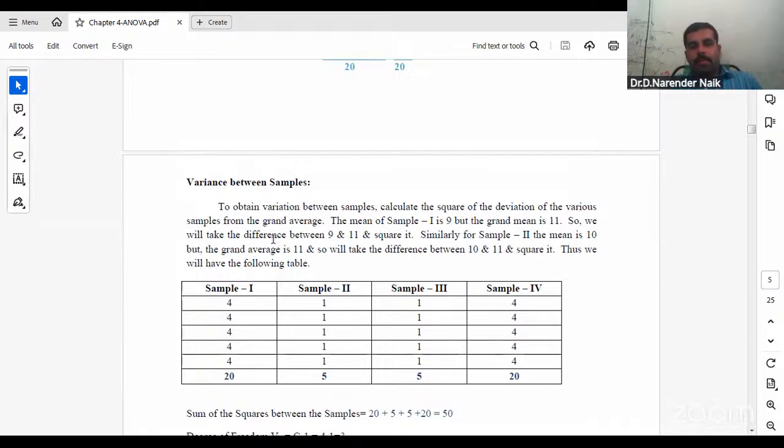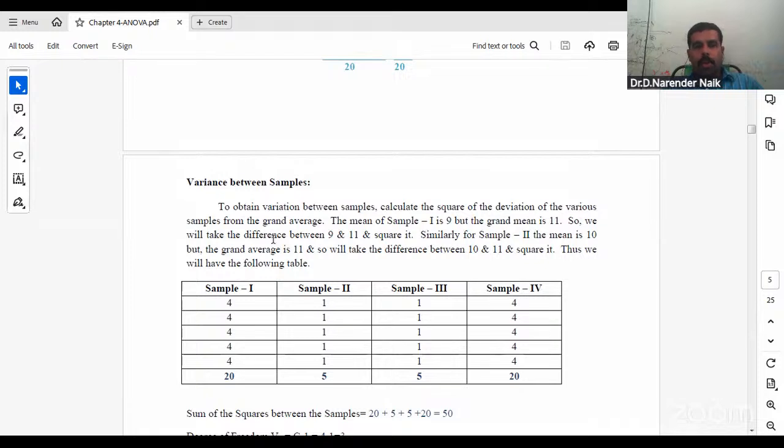For example, the mean of sample 1 is 9, but the grand mean is 11, so we take the difference between 9 and 11 and square it. Similarly for sample 2, the mean is 10, but the grand average is 11, so we take the difference between 10 and 11 and square it. Thus, we will have the following table.